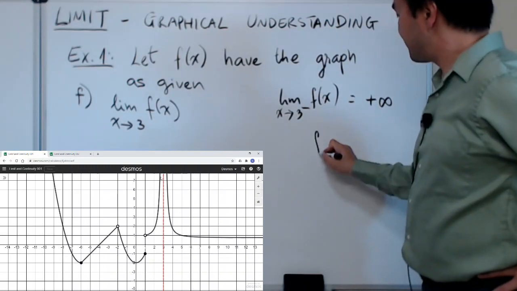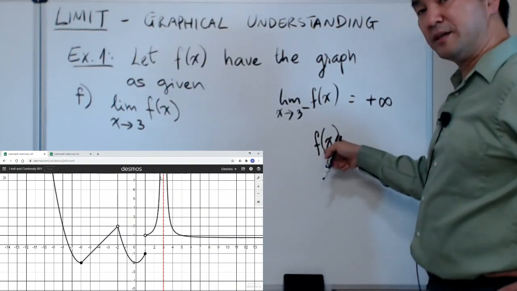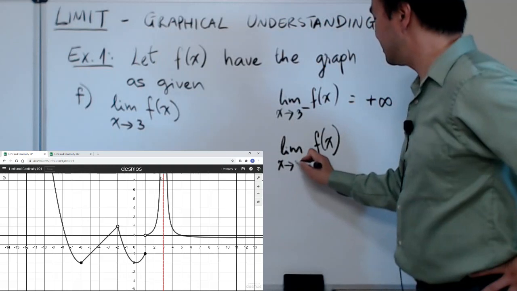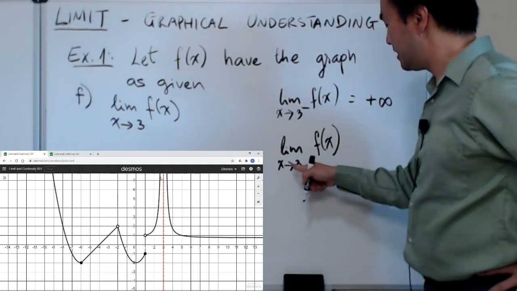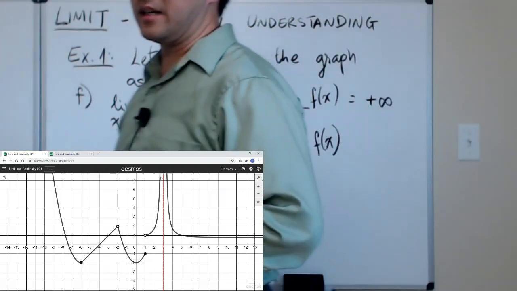And then now I'm going to turn my attention over to finding the limit of the same function, f of x, but now considering the x value getting close to 3 from the right-hand side.